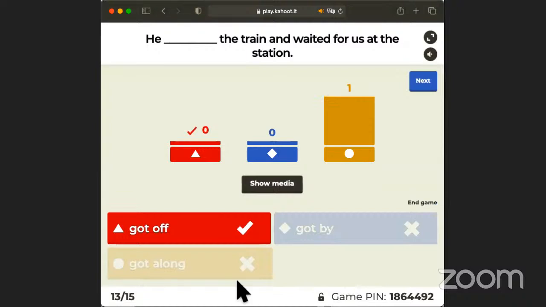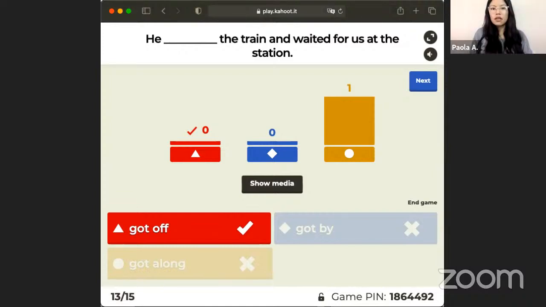It was actually red. Can we read the correct answer, please? He got off the train and waited for us at the station. Very good. Got off means he got off the train and waited for us in the station.